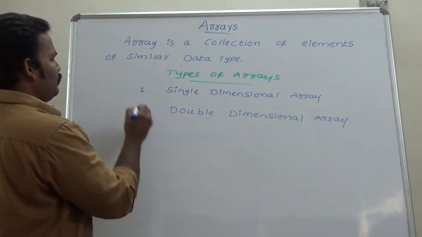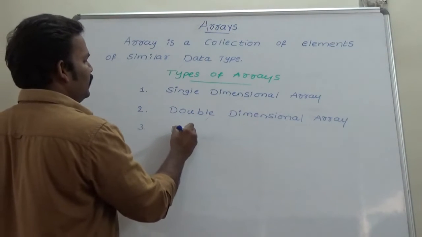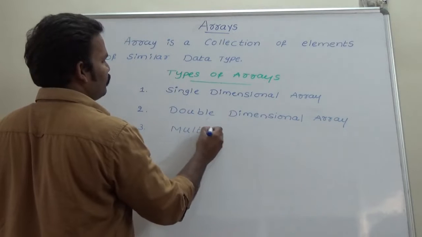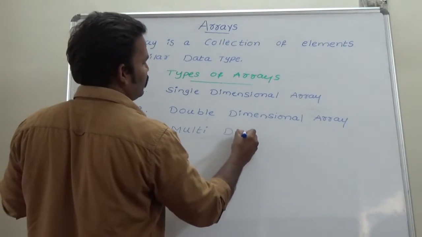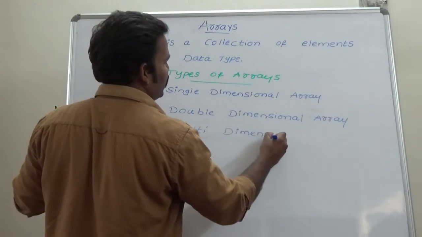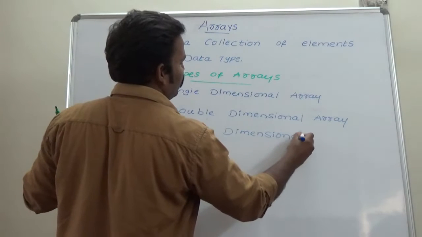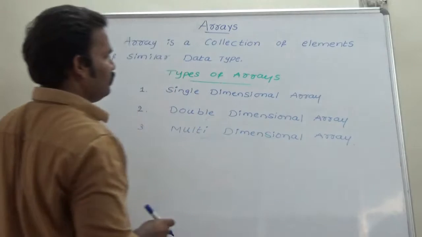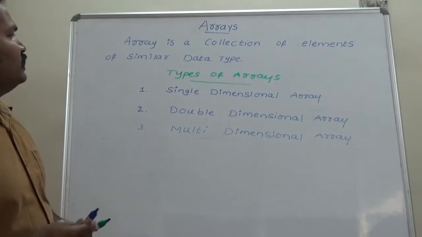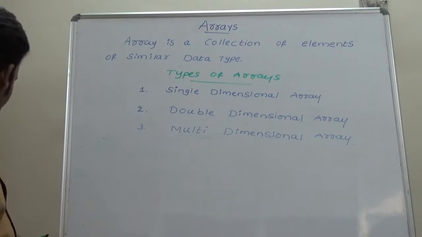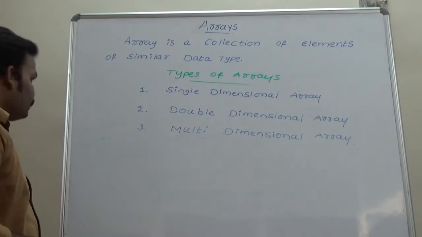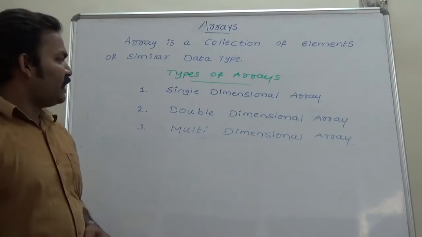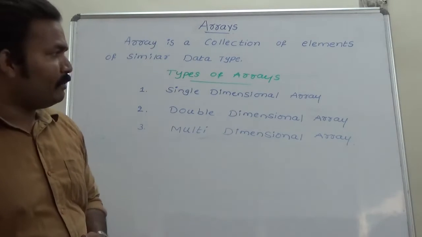And one more type is there, multi-dimensional array. So these are the types of arrays: single dimensional array, double dimensional array and multi-dimensional array.